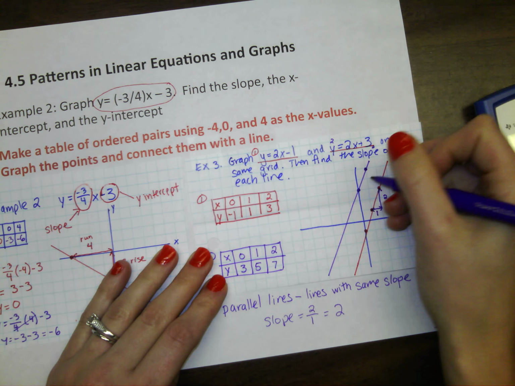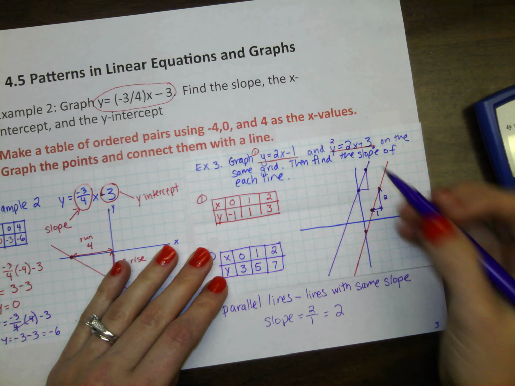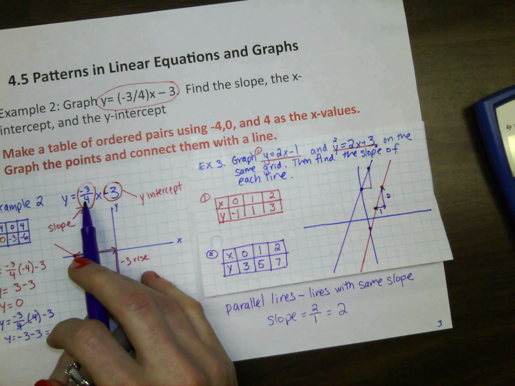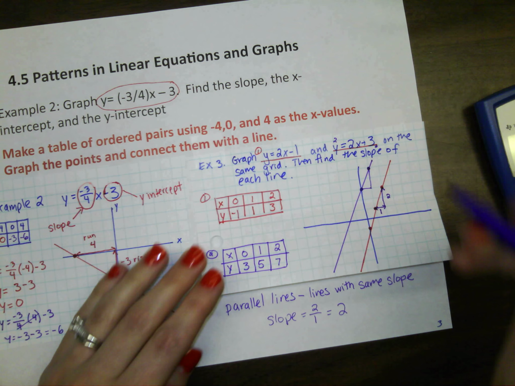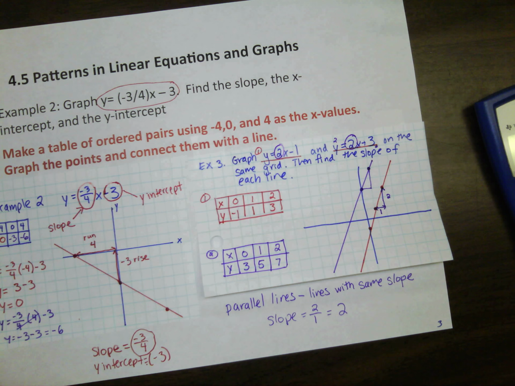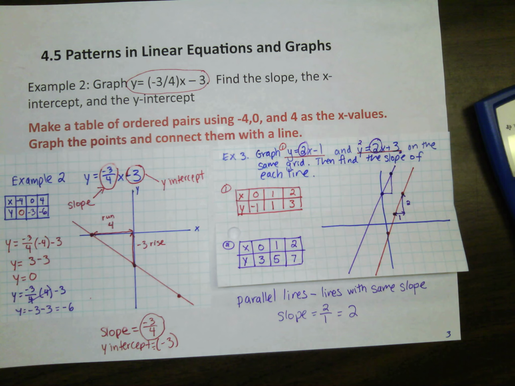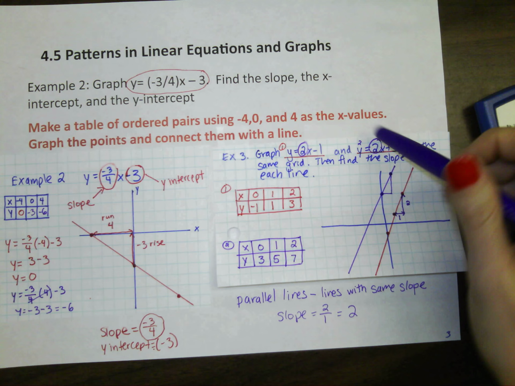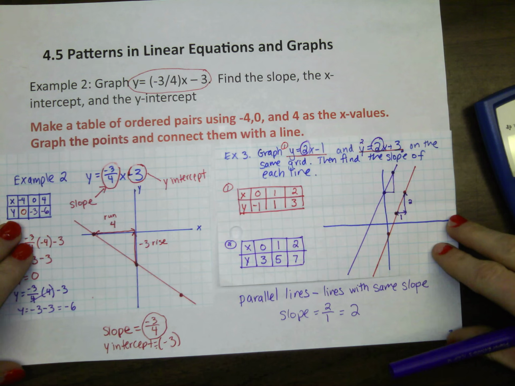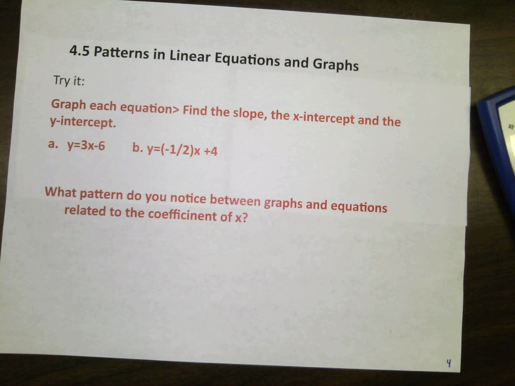So our rise is 2, our run is 1, to give us a slope equal to 2 over 1, which equals 2. Same thing here. Or we could also go back and look at the equation. Remember we said in the previous problem that our slope here is the coefficient of x. Slope here. So we knew, or could have known, that these two lines were parallel before even beginning, because they have the same coefficient for x, which means they have the same slope.